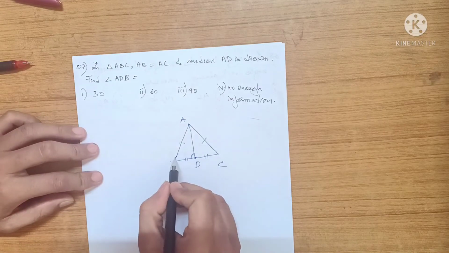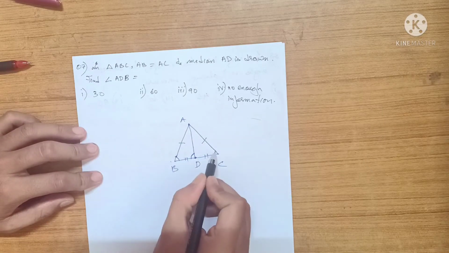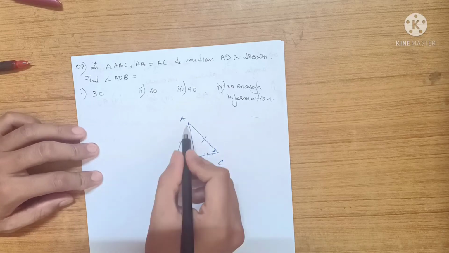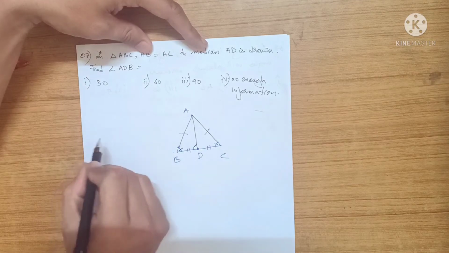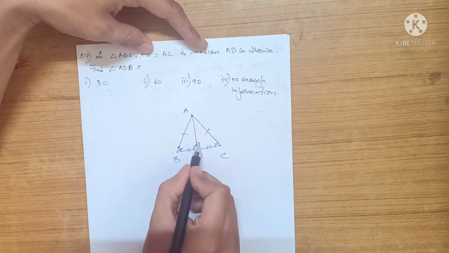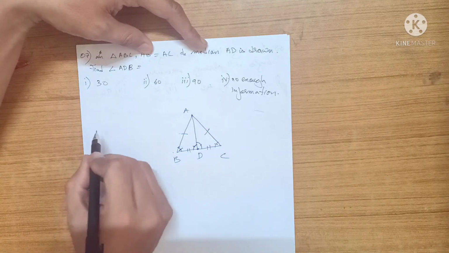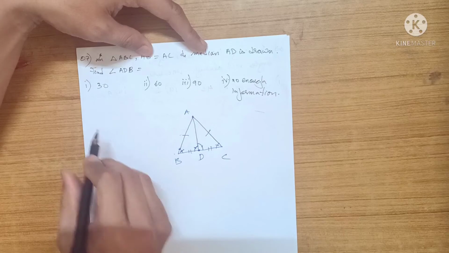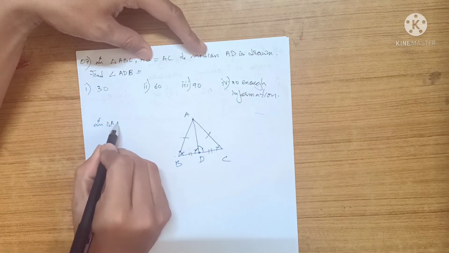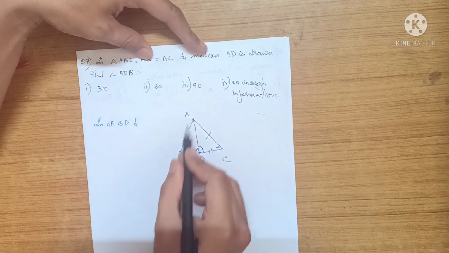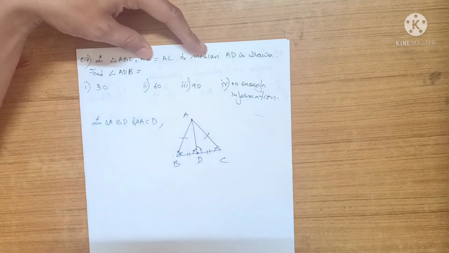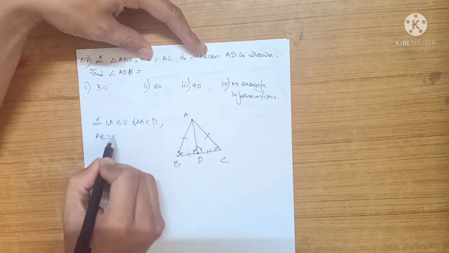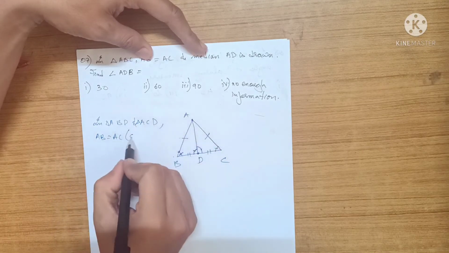So we do know that these two angles are going to be equal, because it's isosceles. This side and this side is equal. So, okay, how about this? I'll first try and prove that this angle and this angle is equal, okay? How to do that is by showing that these two triangles are congruent. So in triangle ABD and triangle ACD, we know that AB is equal to AC, which is given in the question.